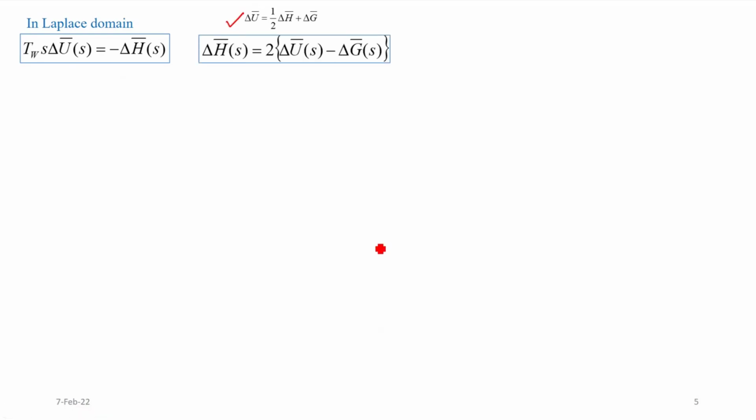In Laplace domain, if I write this equation, it will become TW S times delta U bar S equal to minus delta H bar S. So we know this equation, right? And from this equation, I can again write delta H bar S will be twice of delta U bar S minus delta G bar S, just by taking the Laplace transform of this equation.